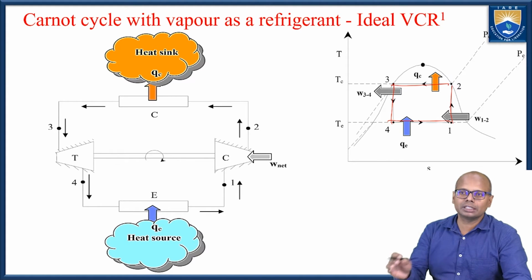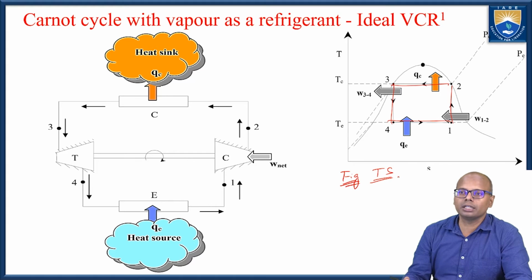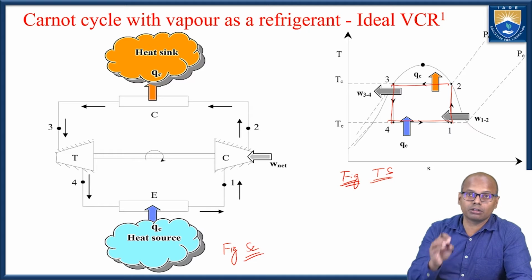So if this kind of system is there, what is this figure? It is the TS diagram, the temperature and entropy diagram, and this is the schematic of this vapor compression cycle based on Carnot cycle.